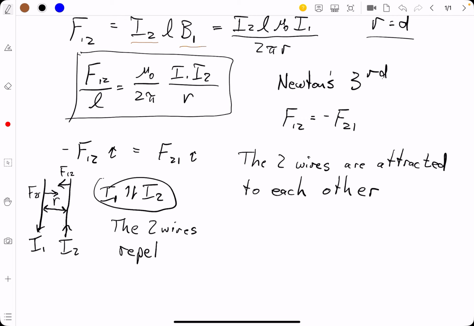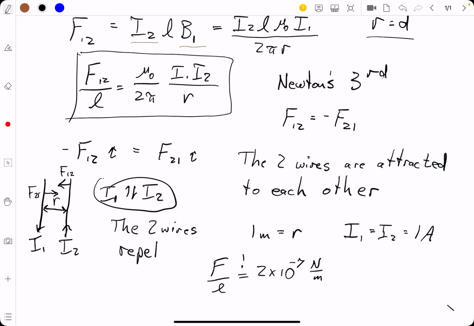If we make infinite wires, 1 meter apart, so R equals 1 meter, and we put a current of exactly 1 amp through each, so I1 equals I2 equals 1 amp, and we want to know the force per unit length, we will get 2 times 10 to the minus 7 newtons per meter.